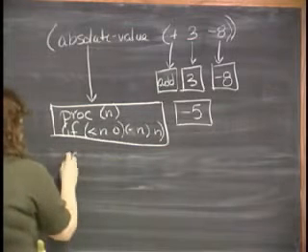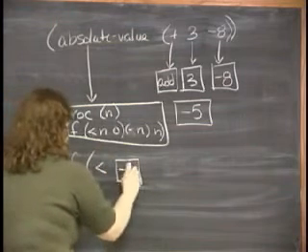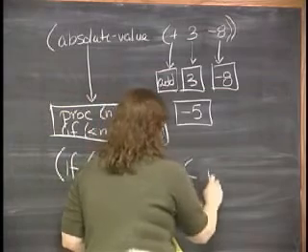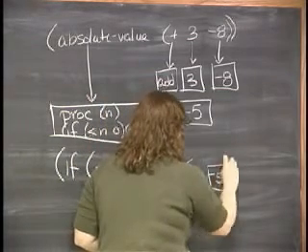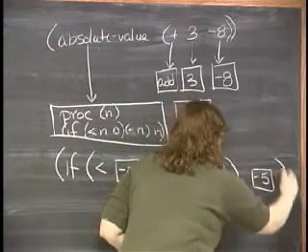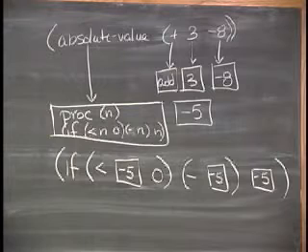So if negative 5 is less than 0, negative, negative 5. It's our substitution step. We substitute the arguments for the parameters in the procedure.